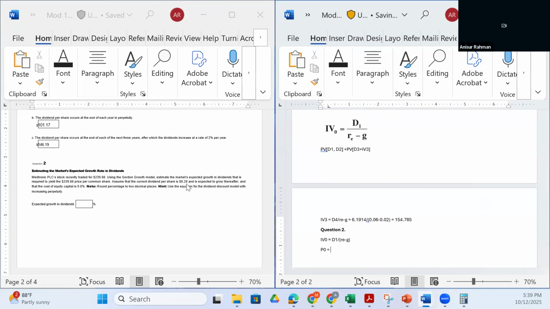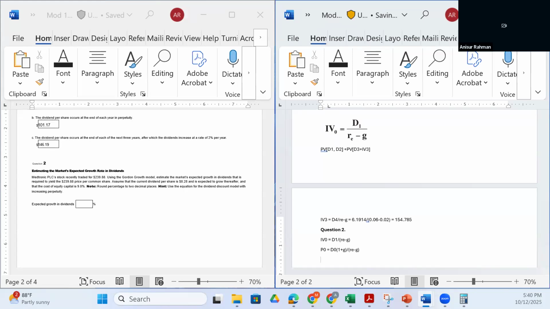The current dividend is $8.28. That means that is the D0. We don't know D1, but we can use D0 times 1 plus the growth rate. So that will be our D1 divided by RE minus G. RE is cost of equity.